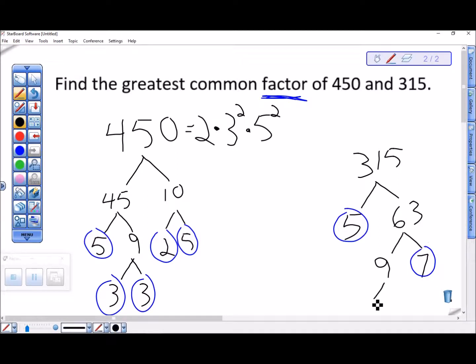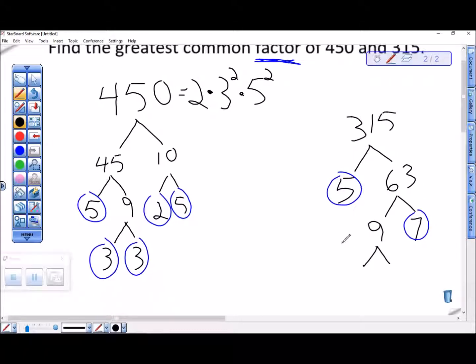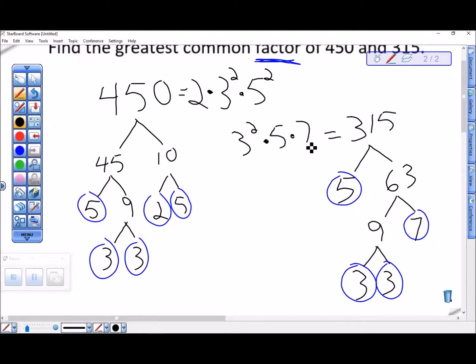And 9 is, I'm going to say, 3 times 3. Remember, I don't want to put 1 times 9 down there because 1 isn't a number in contention, because it's not a prime or composite number. And I don't make any headway by writing down 1 times 9. It's better to break it down into pieces. So 315 is 3 squared times 5 times 7.